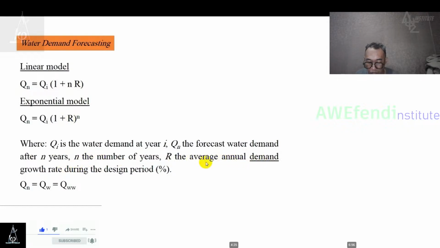But in the previous equations, when we calculate the future population, R was the average annual population growth rate. Population, not demand. But here, R is the average annual demand growth rate during the design period. So when we calculate Qn equals Qw, we can use it as Q wastewater.